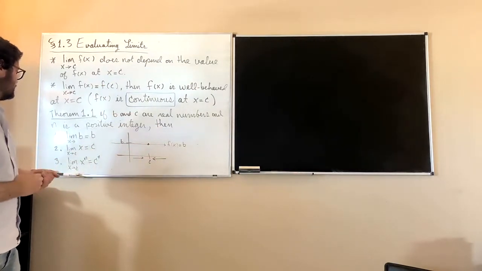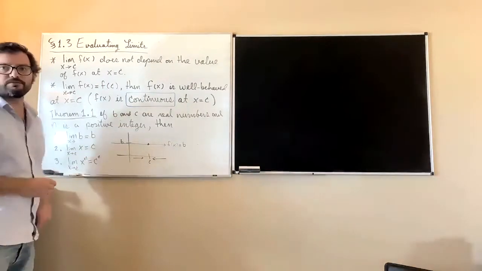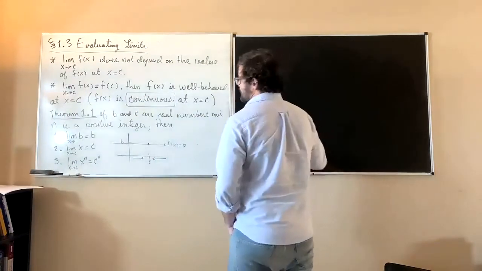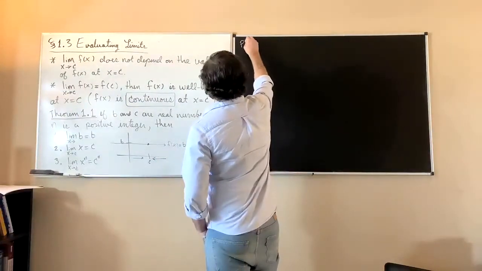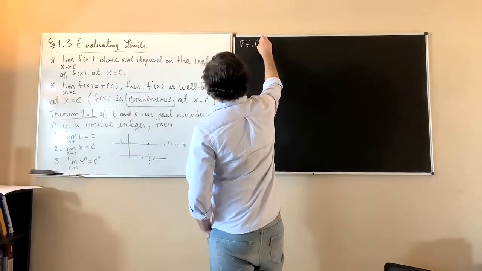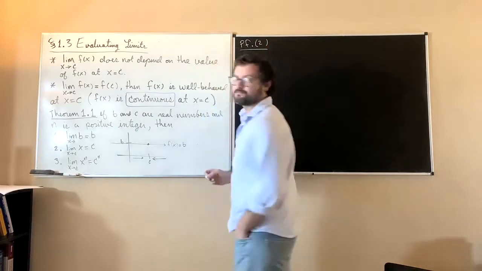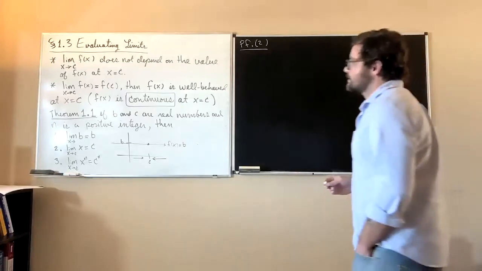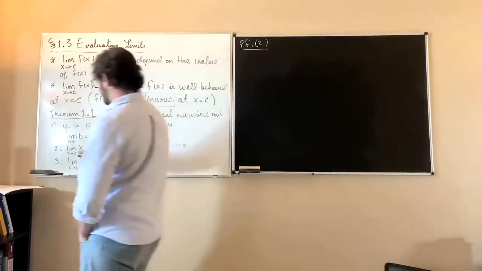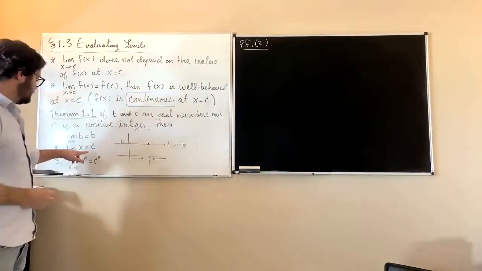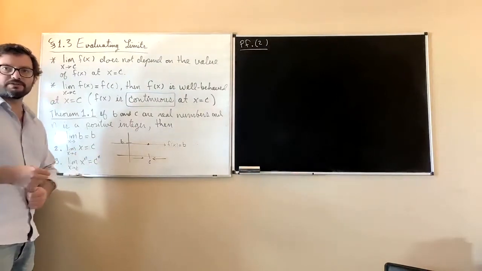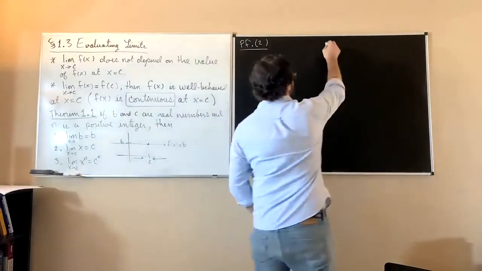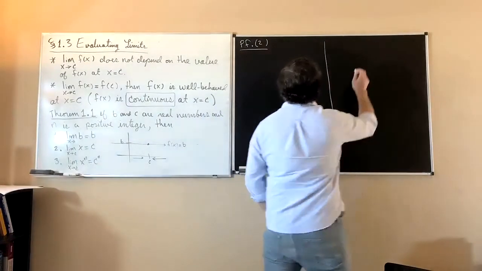So maybe we can look at an actual formal proof for part two. So to get the proof of part two, we want to show that this satisfies that epsilon delta definition of the limit. So maybe we should recall that.